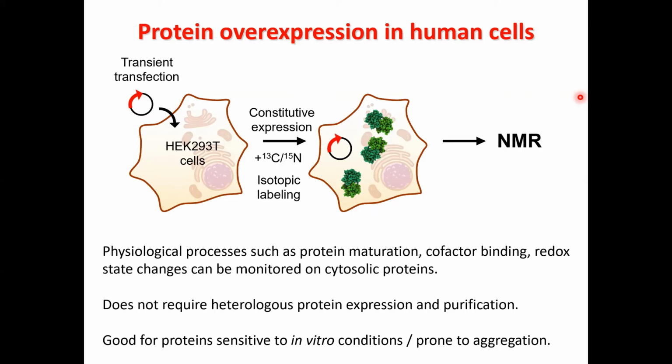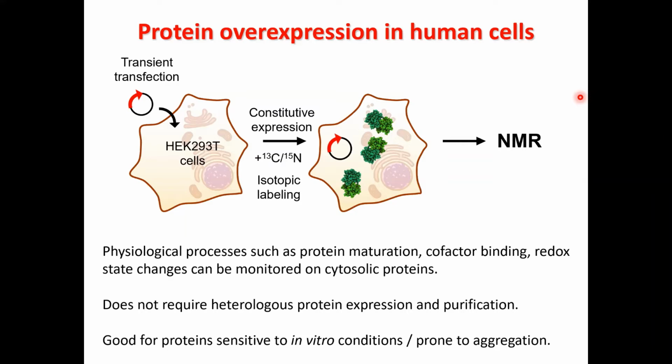This is only one of several approaches that allow observing proteins in cells. The other ones mainly rely on protein delivery into cells, where a protein is purified outside of the cell and then delivered with several methods, which has several advantages. This is an alternative approach which relies on expression inside the cell.